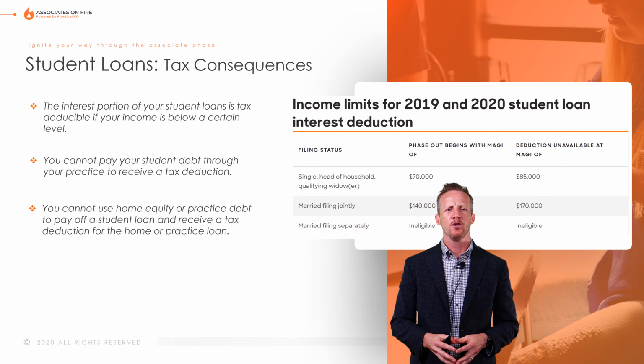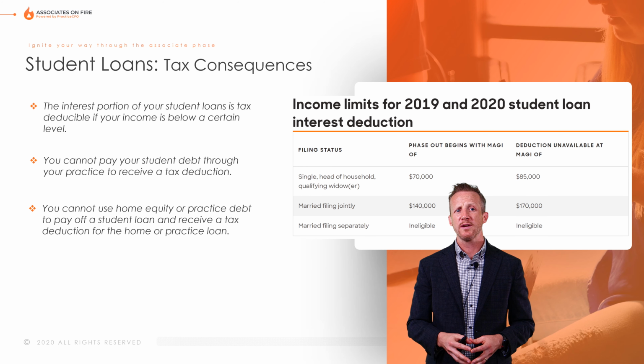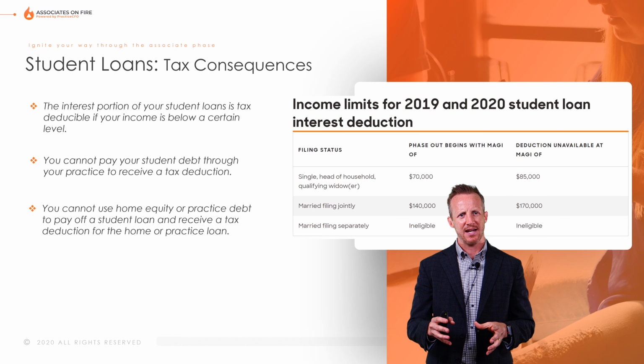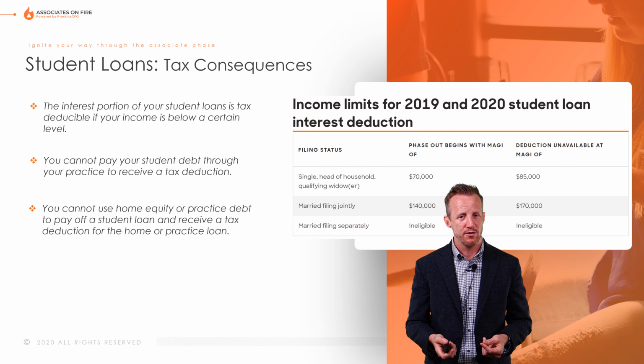The next thing is you cannot use home equity or even practice debt to pay off your student loan and receive a tax deduction. So let me rephrase that. You can use your home equity, and sometimes it's a good idea.